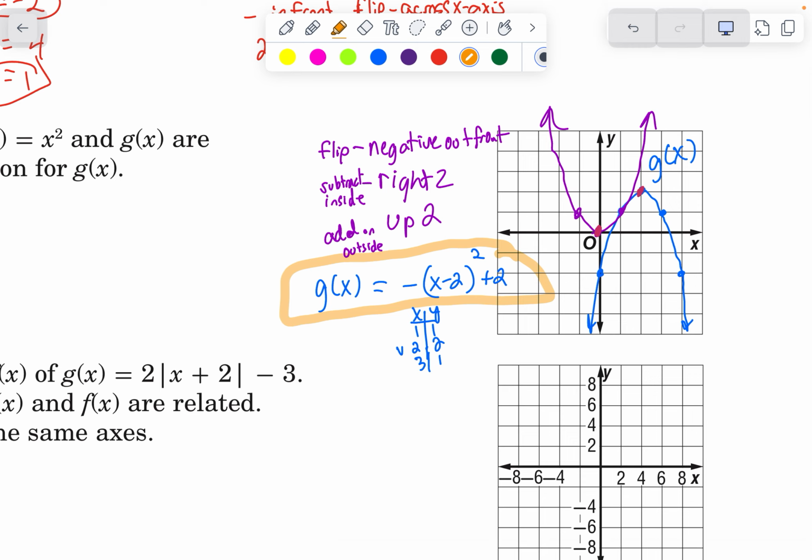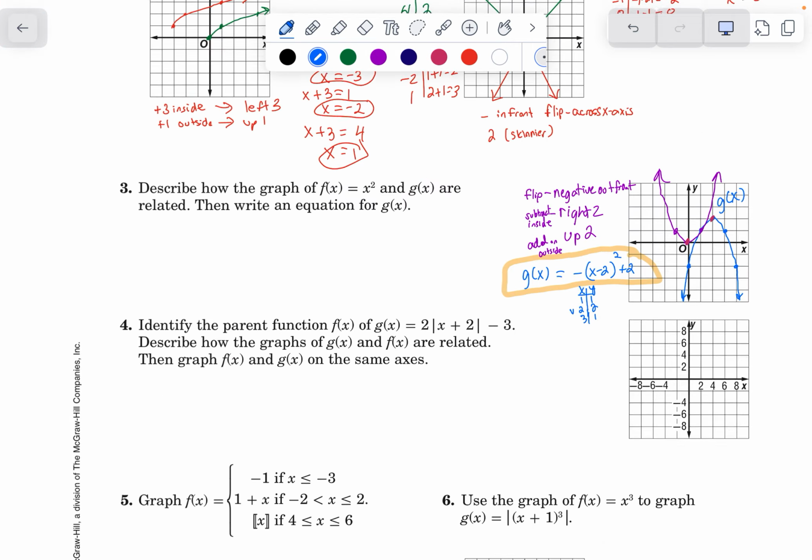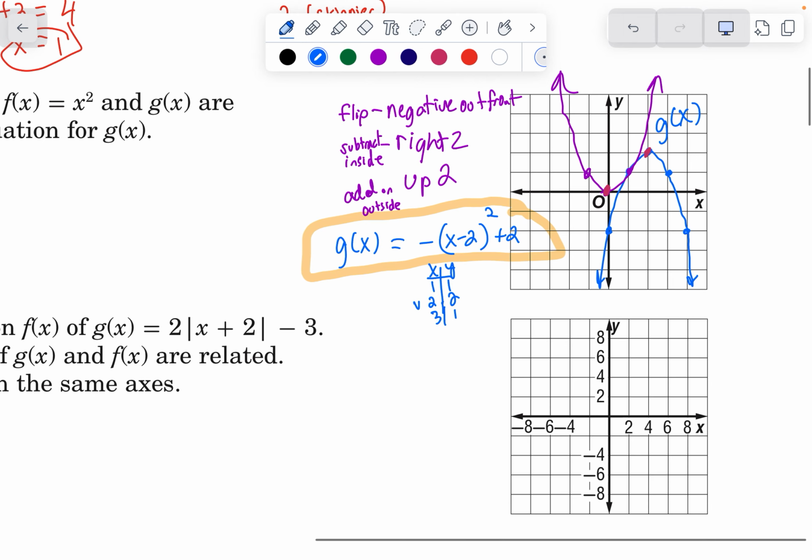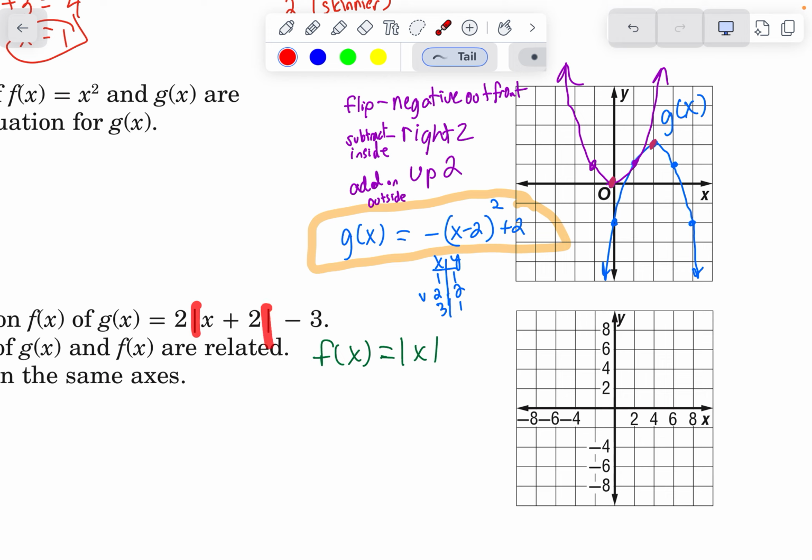Okay. Now, for problem number 4, our f of x function has to be the absolute value because there's an absolute value there. Okay.